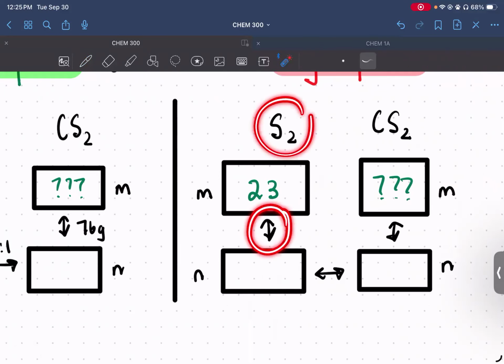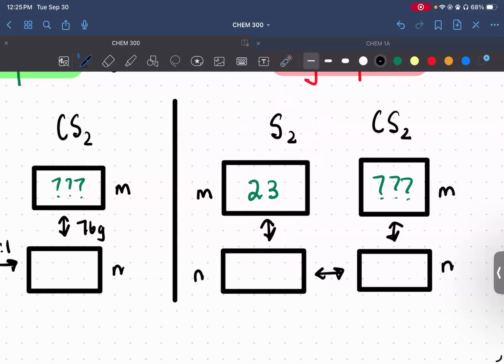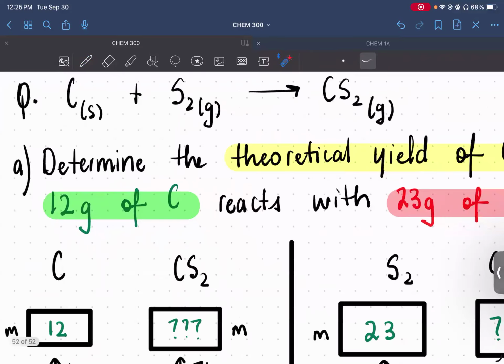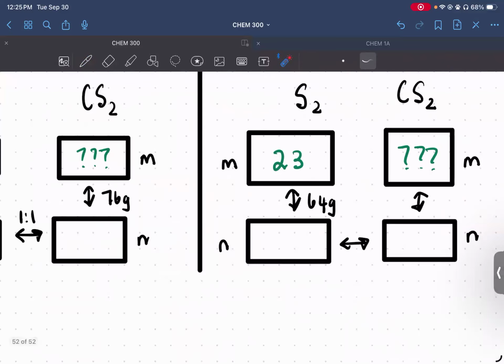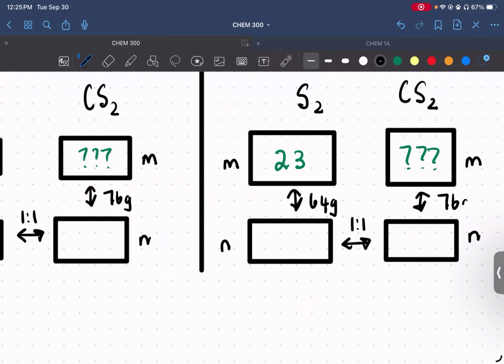The molar mass of sulfur, there are 2 sulfurs, each of which is 32 grams. So we have here 64 grams. We know the mole ratio between sulfur and CS2. That's already been established as 1:1. So just rewrite it. And fortunately, we already spent time with the molar mass of CS2, so we can just write that down, 76 grams.